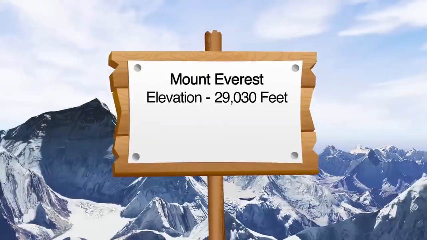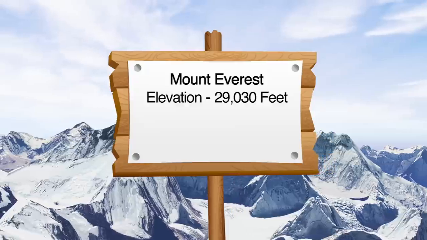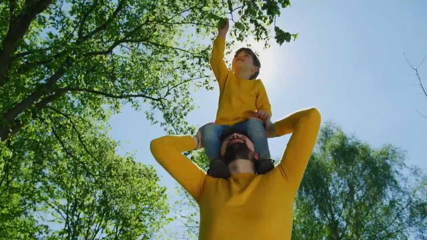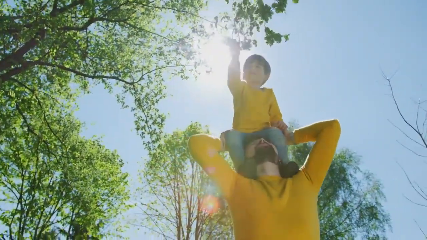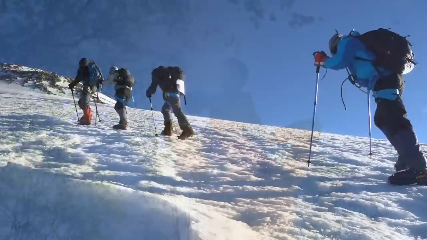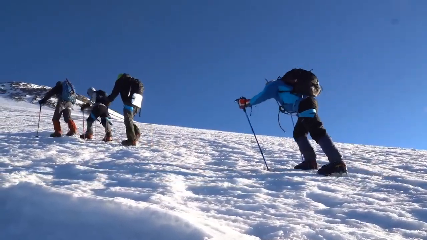Its elevation or height is 29,030 feet. That's as tall as 48,000 people standing on top of each other's shoulders. Can you imagine hiking all the way to the peak?